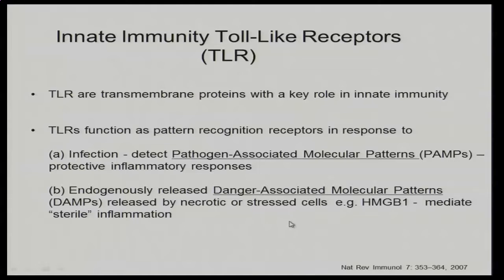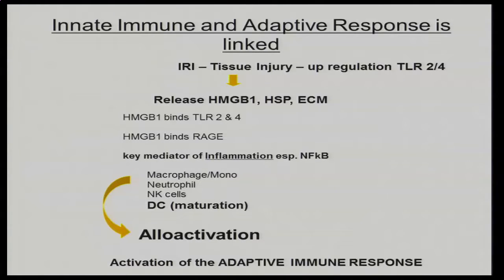But through injury and release of endogenous factors, so-called DAMPs, they also lead to the release of things like HMGB1, which then mediates inflammation and ischemia reperfusion, the so-called sterile inflammation. That's quite an important response, which has really been understood in the last little while. Now, the innate immune system and ischemia reperfusion lead to upregulation of these toll-like receptors and HMGB1.